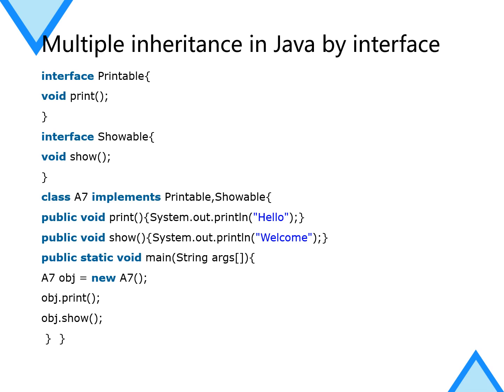In the main method we create an object obj of class A7 and call obj.print, which will show hello, and obj.show, which will show welcome on the screen.